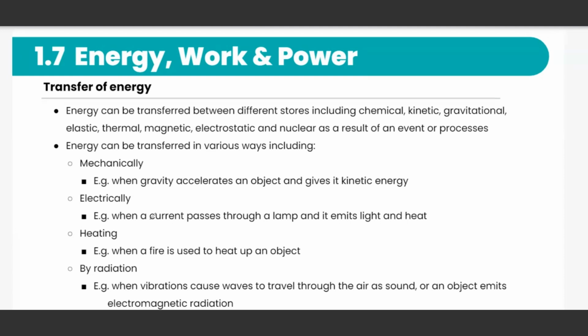And finally, we have radiation. Radiation, as an example, would be vibrations causing waves to travel through air as sound, or an object emitting electromagnetic radiation. Radiation will be discussed in more detail in the waves lesson.